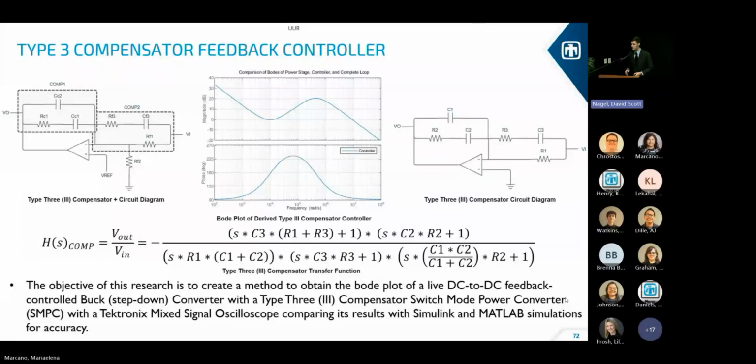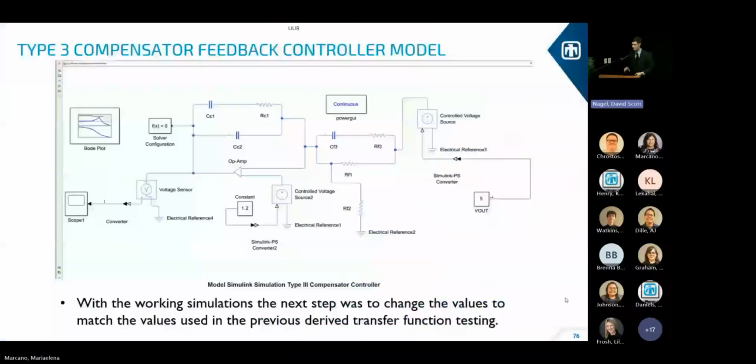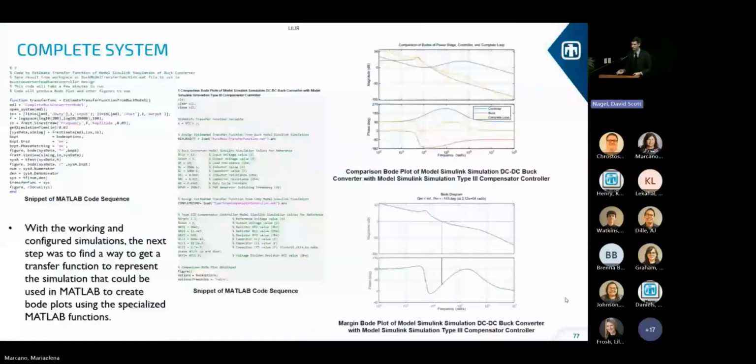That's why you can see the difference in the Bode plot from the MATLAB itself and the simulation as well. When it comes to the coding sequence itself, getting that transfer function was a real challenge, and it was kind of hard to accurately model that. So it's still a work in progress.